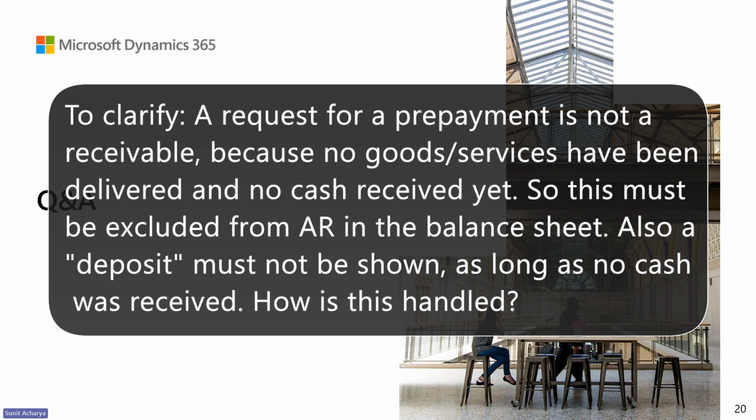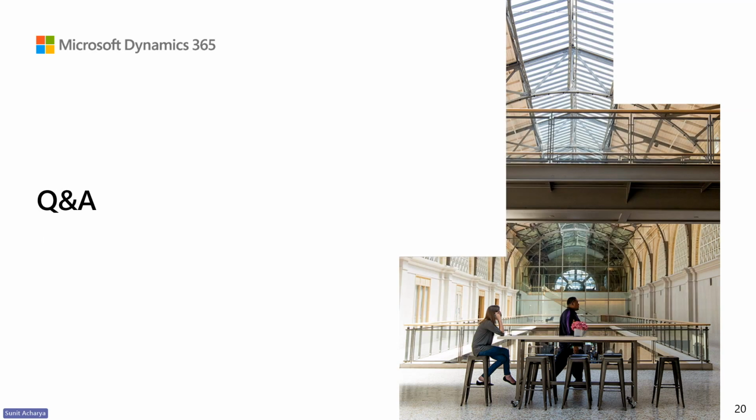That is a receivable at the end of the day. You might not have received the payment yet, but the moment you have agreed with your customer that they are going to pay you an advance, it is a receivable on your books, and you create a payment journal whenever you receive the payment from your customer, and that's how you close this cycle.